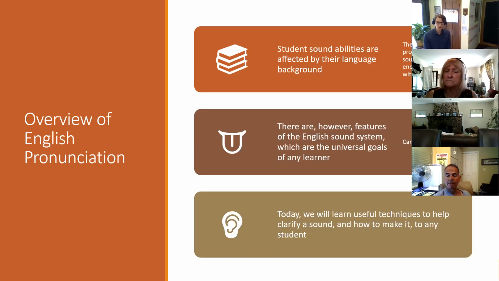What about the TH sound? Math and the. I think other languages don't really have it. They might not have it at all, or they have it very rarely. Whereas in English, it's one of the most common sounds. Right, that's one example.